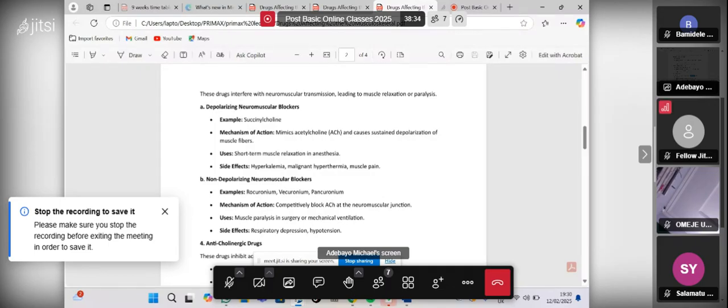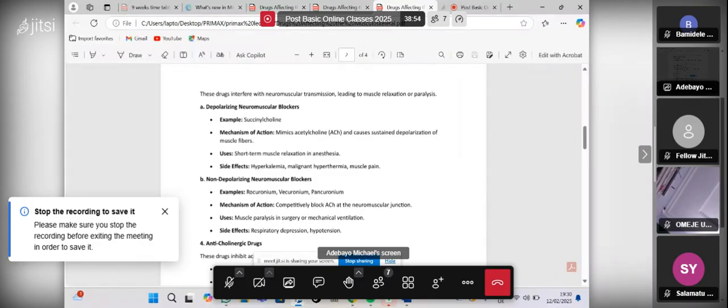Anxiolytics. So we have the benzodiazepines like midazolam, alprazolam, diazepam. Most of them end in "-zepam", so it is very easy to remember.